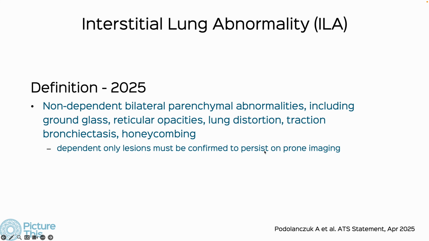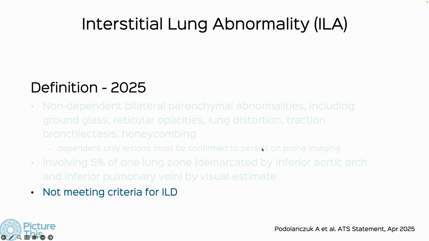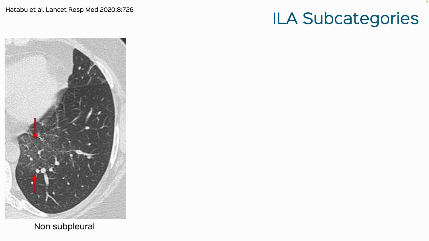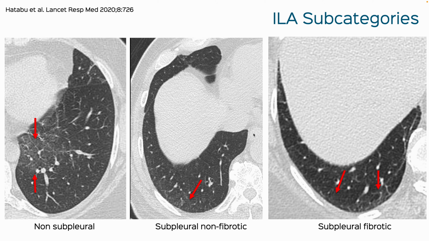And you obviously have to confirm these on prone imaging, involving less than 5% of the lung and not meeting criteria for ILD. But what this basically means is that you usually have an asymptomatic individual in whom you have picked up interstitial lesions that were not suspected.